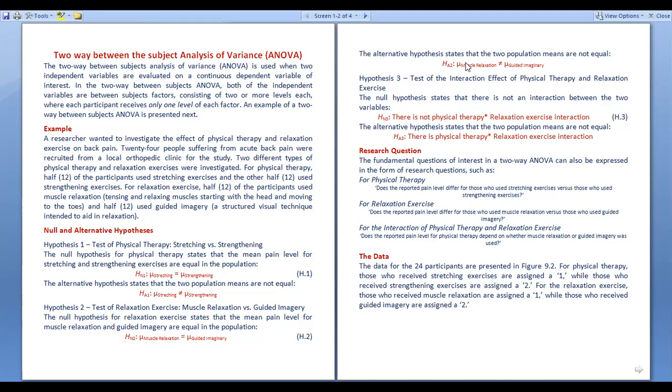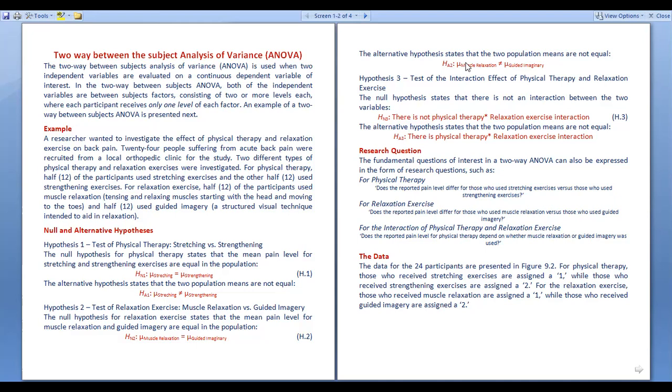So looking at this example, let's look at the hypotheses we want to create. In two-way ANOVA, we'll have three hypotheses. The first hypothesis is related to the first variable. In our case, the first independent variable is physical therapy.